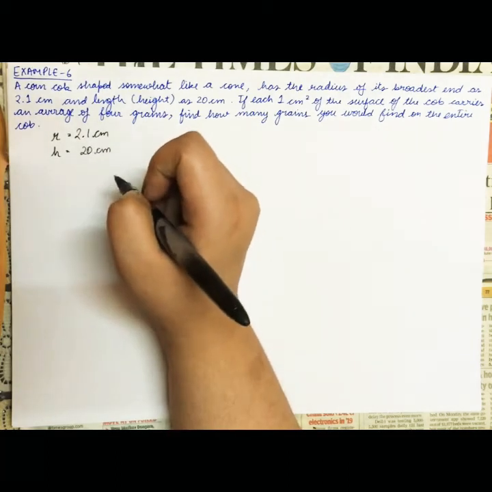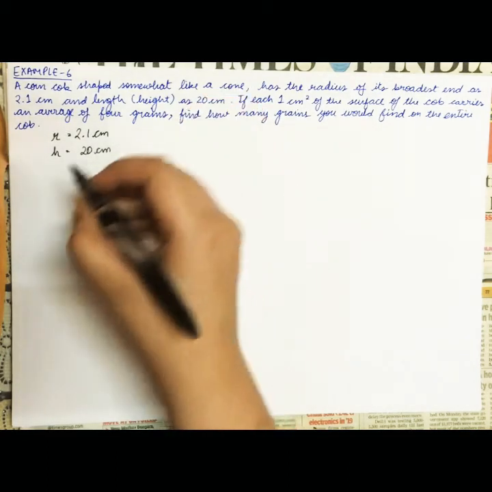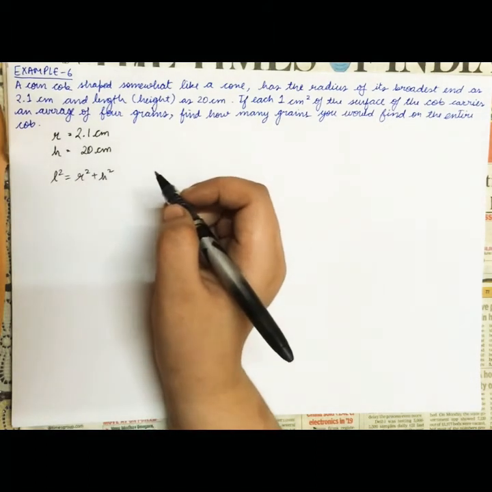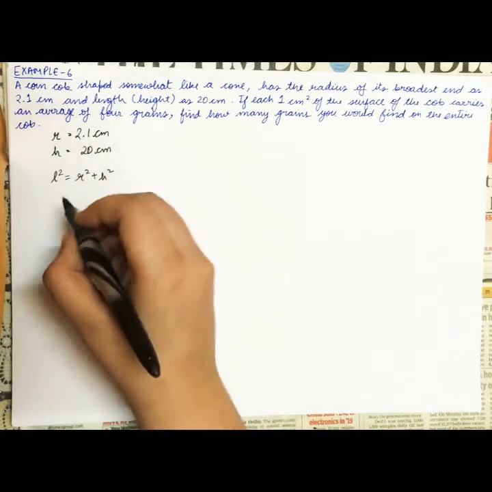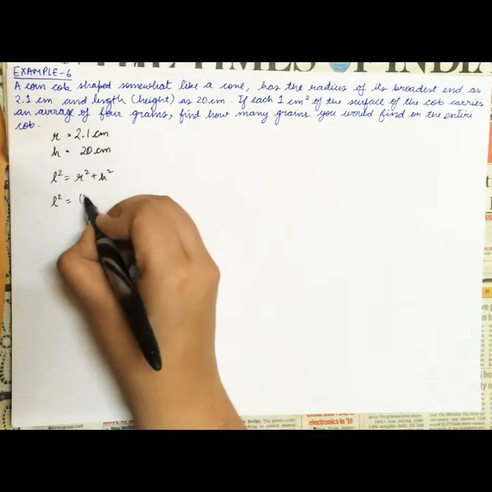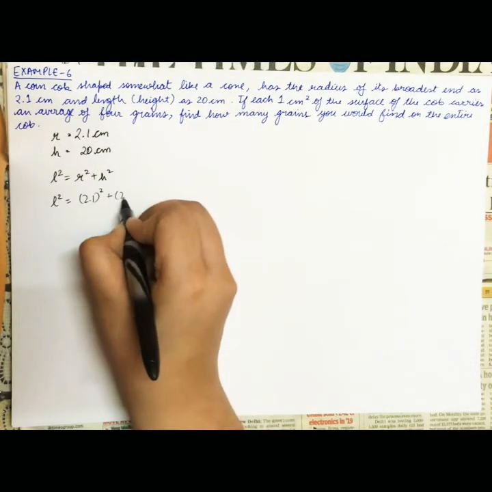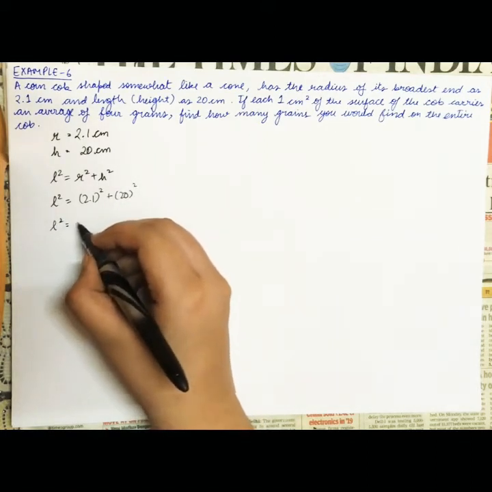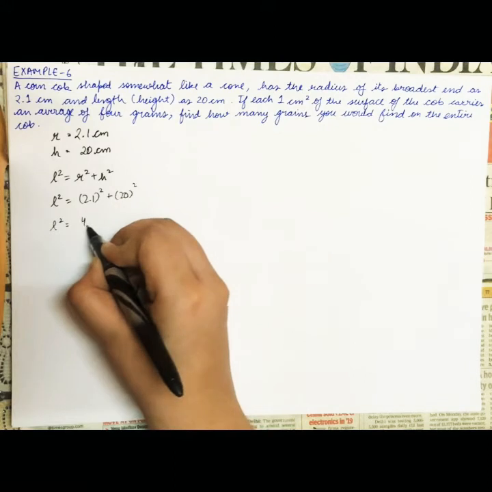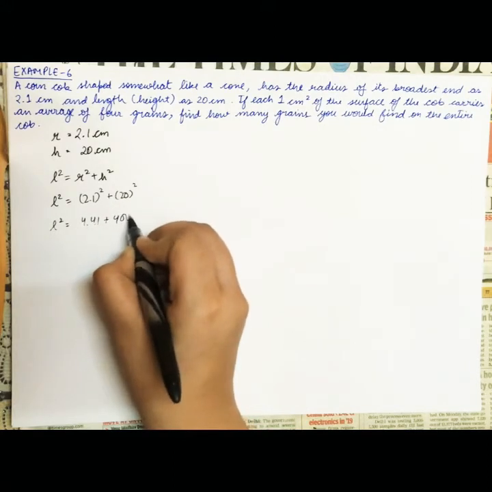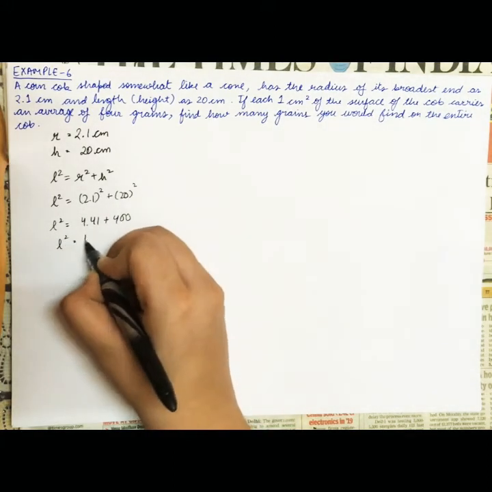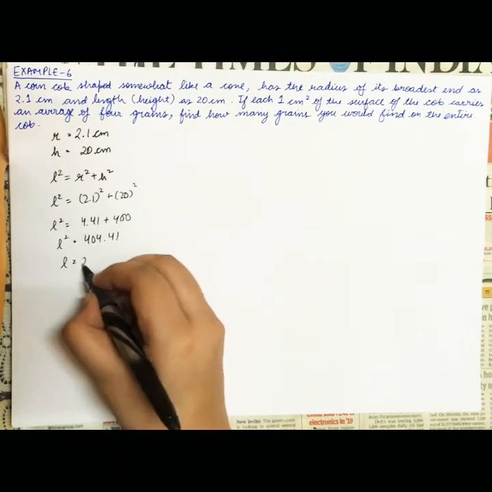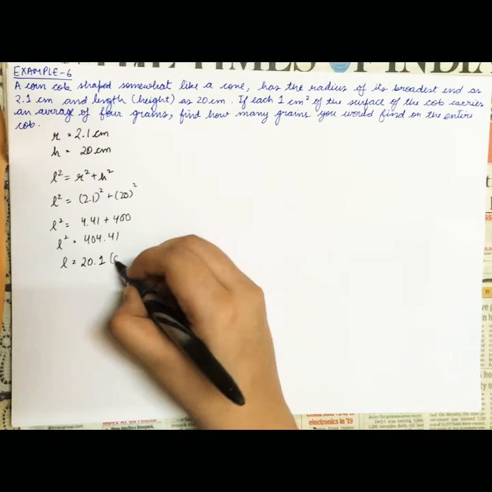Now for curved surface area we have to find the value of L. Therefore L square is equal to R square plus H square. Now we'll put the values. L square is equal to 2.1 square plus 20 square. L square will be 4.41 plus 400. L square is equal to 404.41. Therefore L is equal to 20.1 approximately.